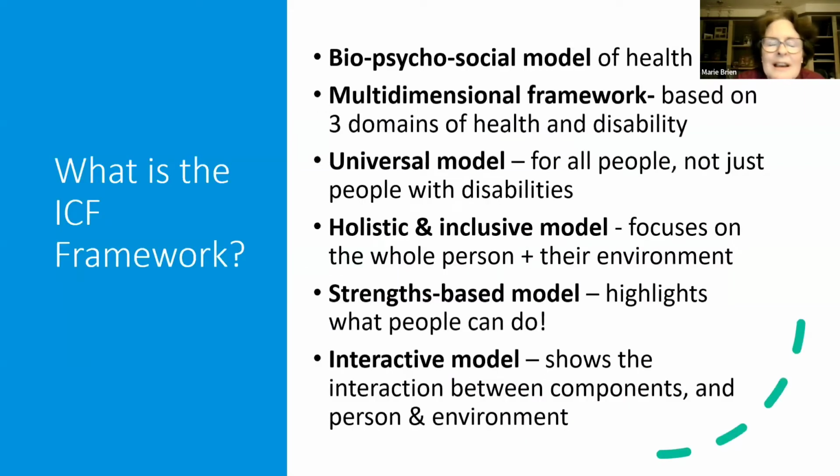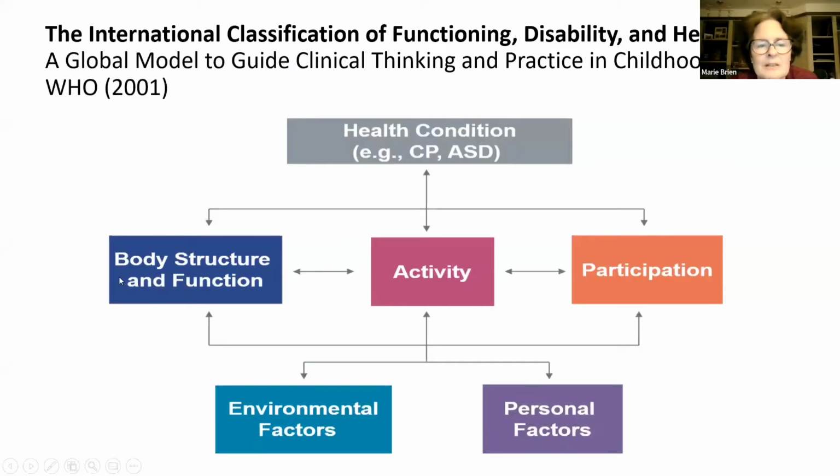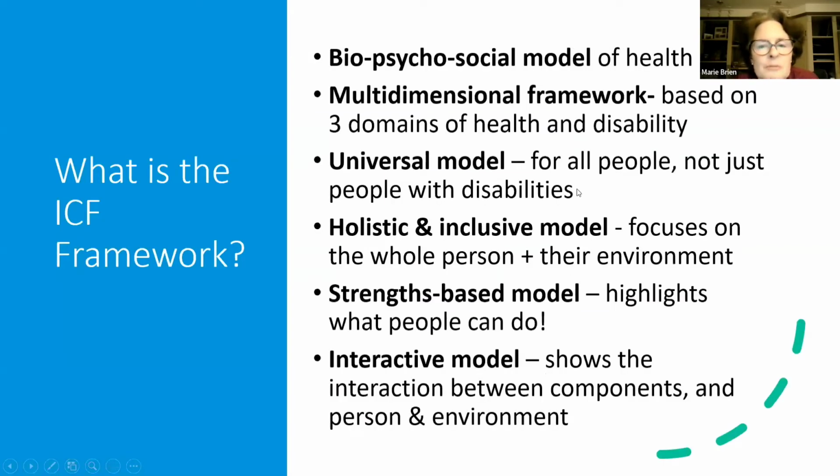So we know that the ICF framework is a biopsychosocial model of health. It's a multi-dimensional framework because it's based on 3 different domains of health and disability: body structure and function, activity, and participation. It's a universal model, used for all people, not just people with disabilities. It's a model of health and not just a model of disability.